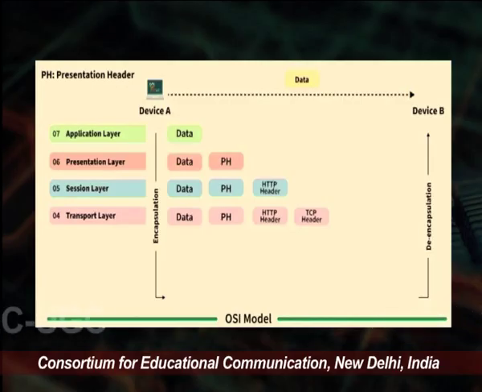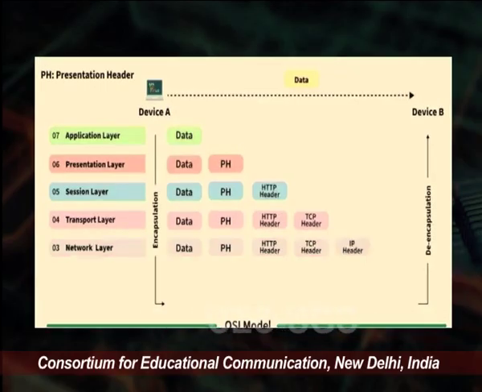Then on the transport layer, above the HTTP header, PH and data, one TCP header has also been enclosed. Now, coming to the lower layer, we have the network layer, whose job is to put some information in the form of an IP header. So, now the data has become data, then presentation header, then the HTTP header, then the TCP header followed by the IP header.